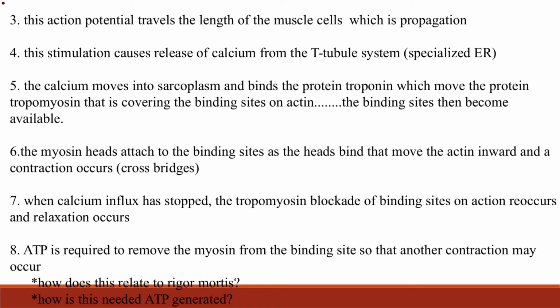That's the cross bridge activity. When calcium stops, the tropomyosin will go back to its original state. And ATP is required to put the myosin heads back into their original position, or recock the myosin heads, to continue the contraction or for relaxation.